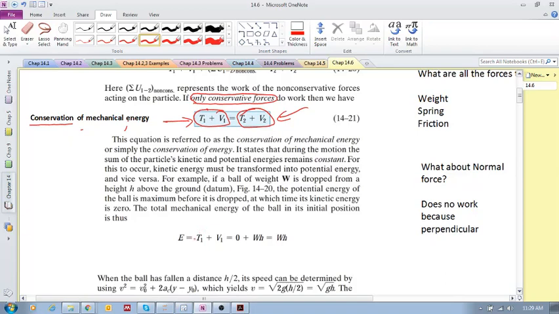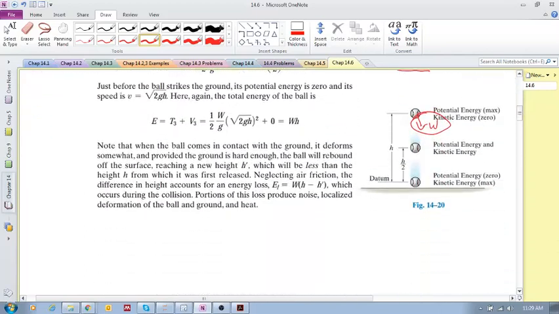So, without going into too much detail, we know that the total energy at state 1 is T1 plus V1, right? The kinetic energy is 0, and the potential energy is WH. So the total energy at state 1 is WH. Because it is a system with only conservative forces, we should expect that at every state you look at, the total energy, T plus V, should remain the same.